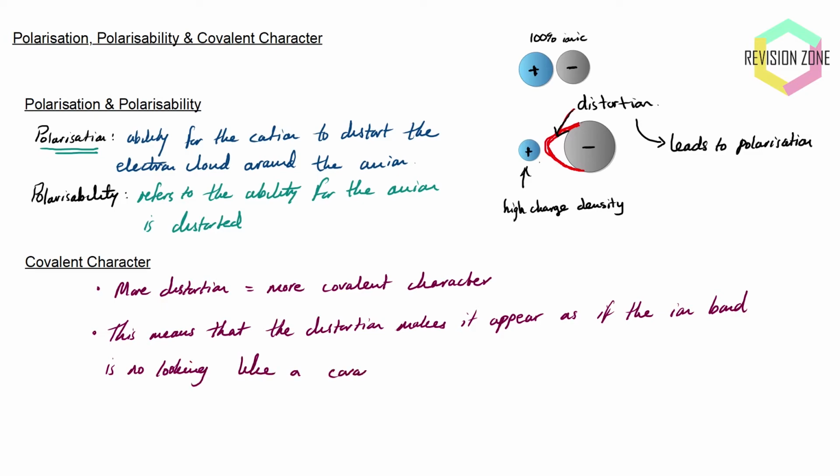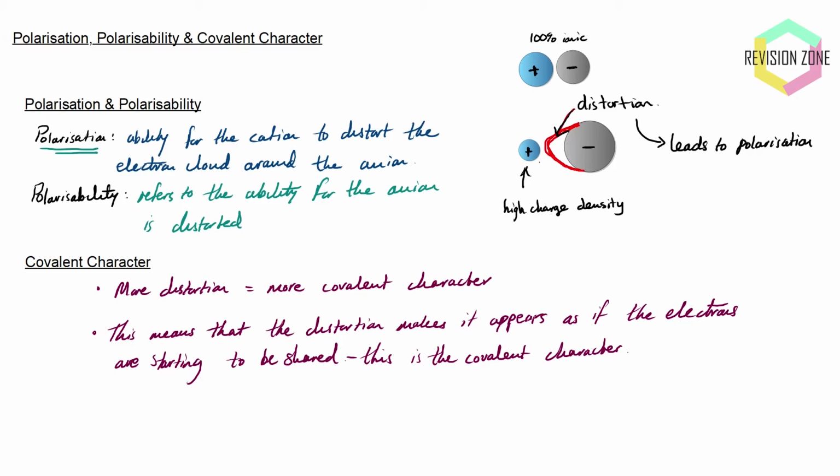Not very good English. It is not a covalent bond, it is still covalent character. Okay. So it's making it look like it's a covalent bond, but it's not. It's not 100% shared. It's just, it looks as if it's starting to be shared. So we say it's covalent character.